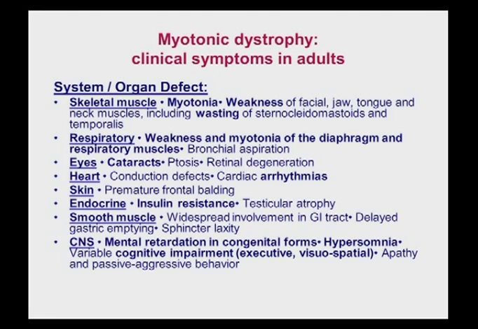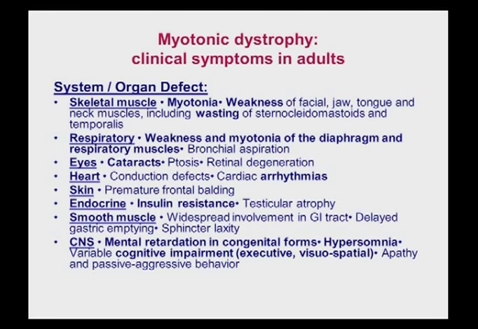In addition to the skeletal muscle problems, they have other problems, and one of the most frequent is cataracts. The cataracts often come on quite early in life and have a very characteristic appearance that I'll show you in a few minutes. They also can have cardiac problems, including predominantly conduction defects with cardiac arrhythmias.